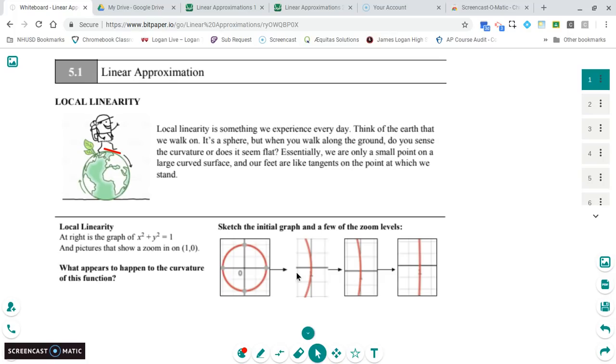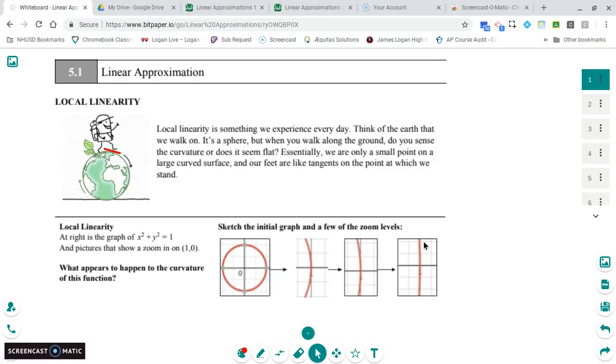And then I zoom in on this box here, and the curvature is still there. You can see a little bit at the top and the bottom, but here it looks really flat. And then one more zooming in, it looks completely flat. That's the local linearity of a curved surface.